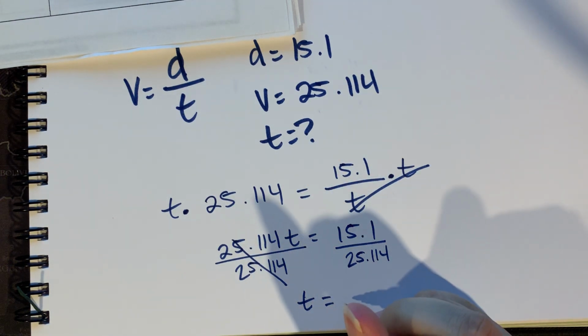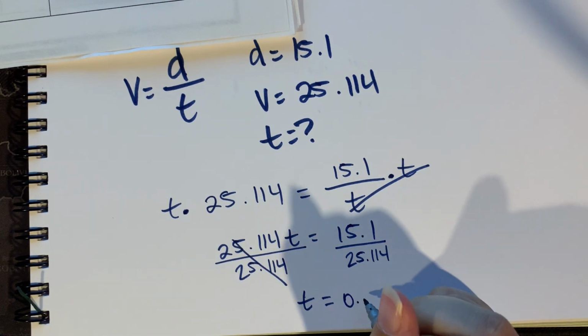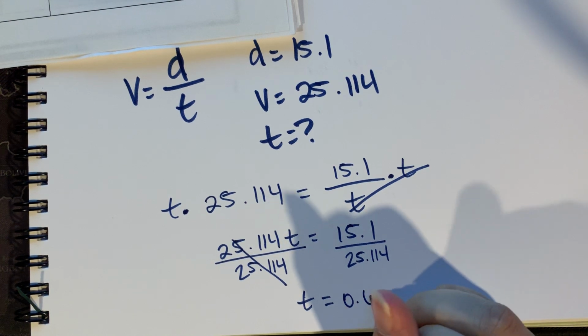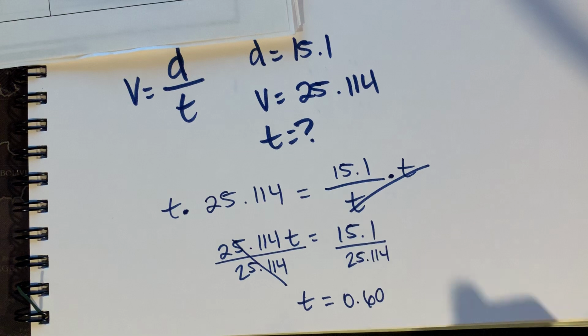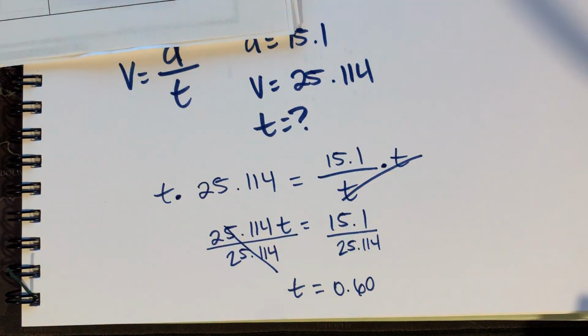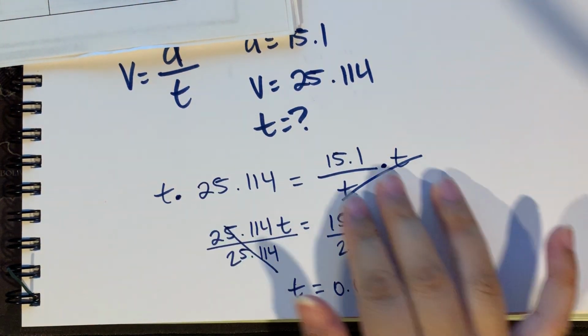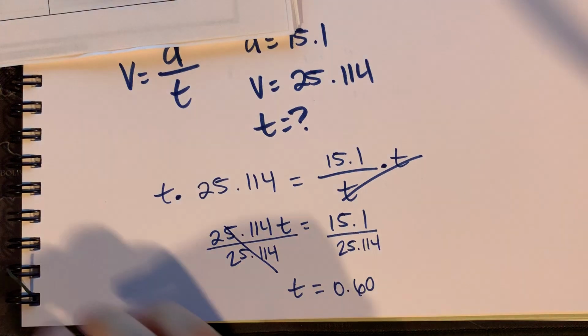So t I should be getting is 0. We're going to round it 0.60. Some of y'all, I'm pretty sure you did 0.601. That's fine too. But a lot of it is just learning how to rearrange the equation.